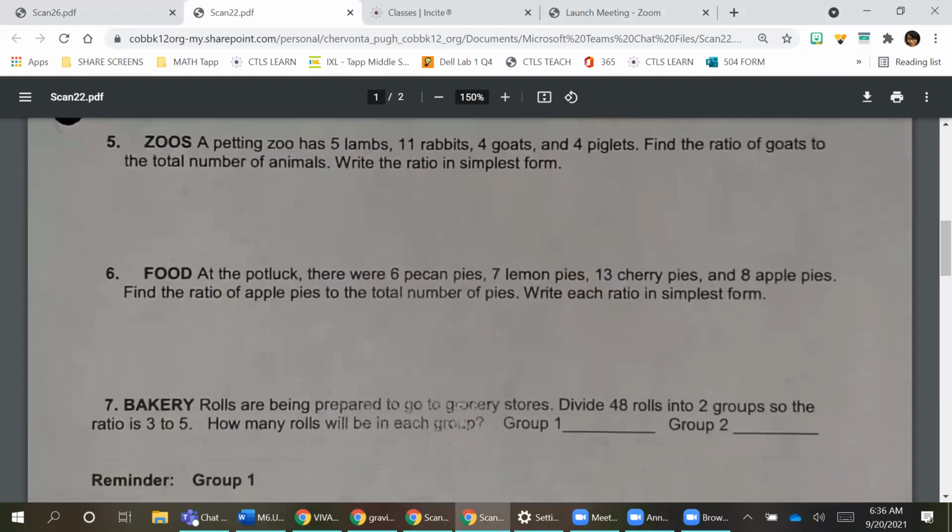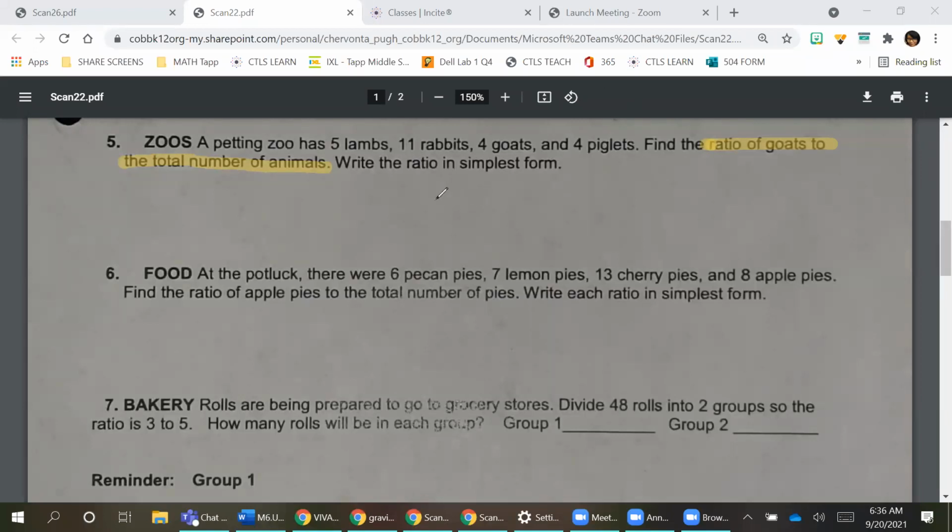It says zoos. A petting zoo has 5 lambs, 11 rabbits, 4 goats, and 4 piglets. Find the ratio of goats to the number of total animals. All right, let's highlight that so we can make sure that we are keeping that in mind, ratio of goats to the total number of animals. All right, and notice here, this problem is not telling us that we have to write it in any particular form.